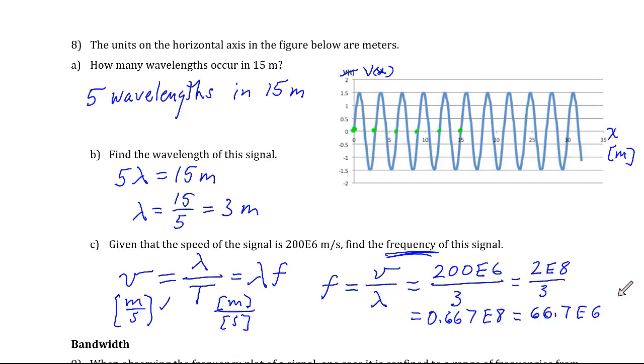Okay, so I've converted there, and then I can write this as 66.7 megahertz. Okay, and so the units on frequency are hertz, and when I got a nice multiple of 3 here in my exponent, I could then use a metric prefix and get it into megahertz. So that's how you do this problem, and I hope that helps.